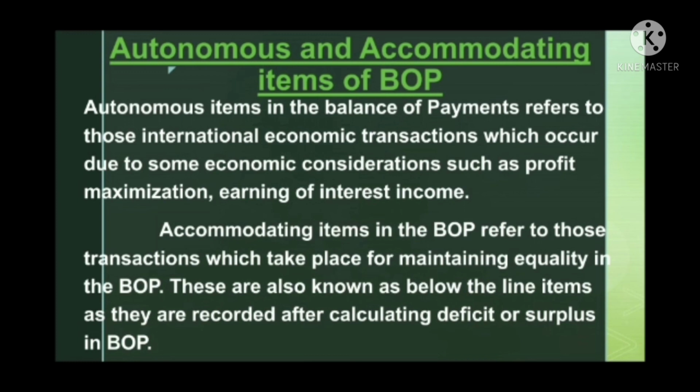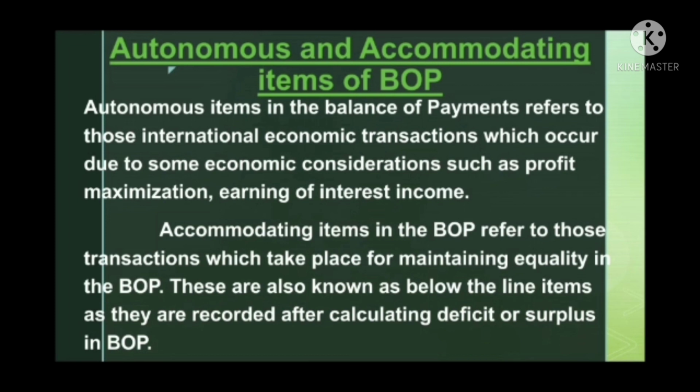For example, if a foreign company is making investment in India with the aim of earning profit, then such a transaction is independent of the country's balance of payment situation. Next is accommodating items. Accommodating items refer to the transactions that are undertaken to cover deficit or surplus in autonomous transactions. That is, such transactions are determined by the net consequence of autonomous transactions.